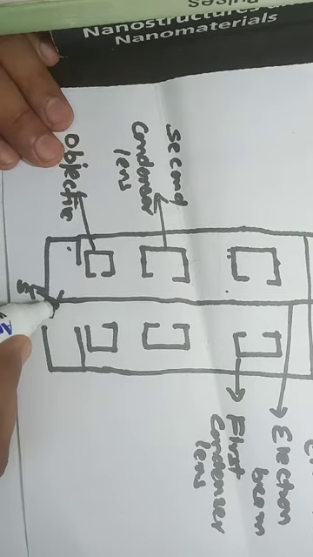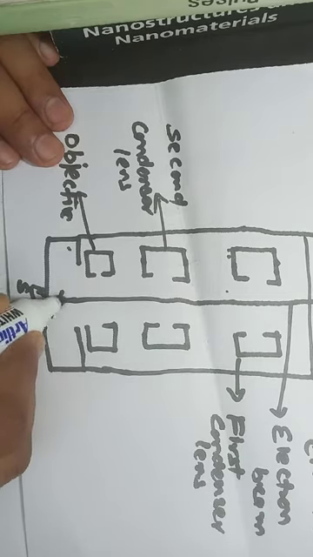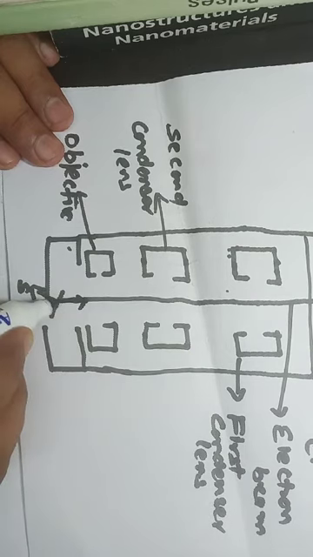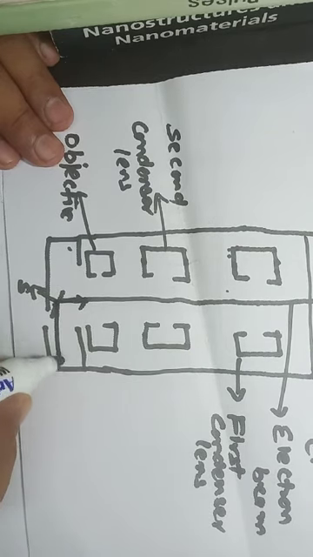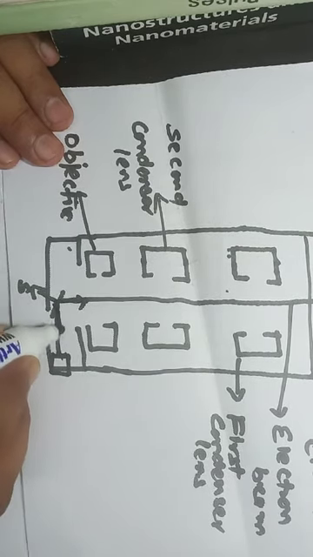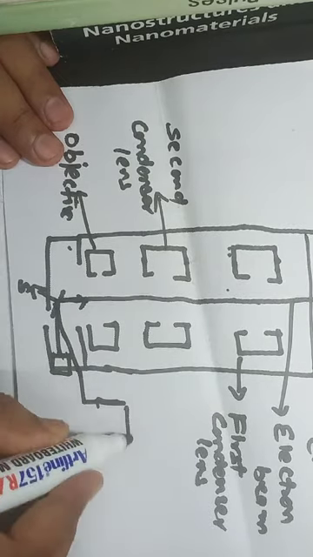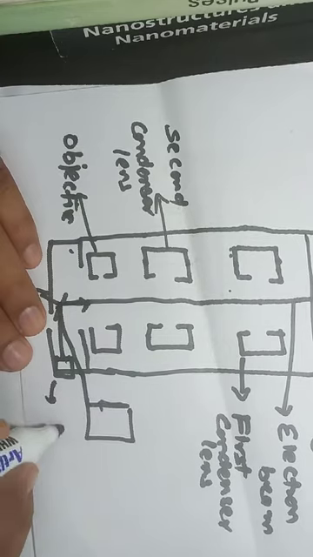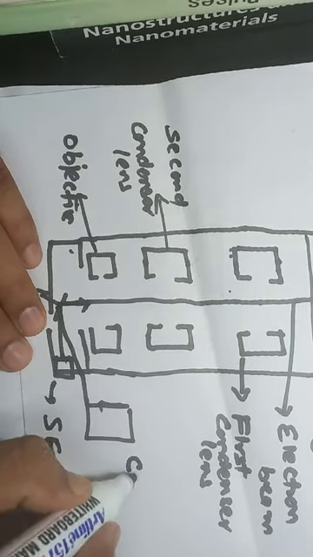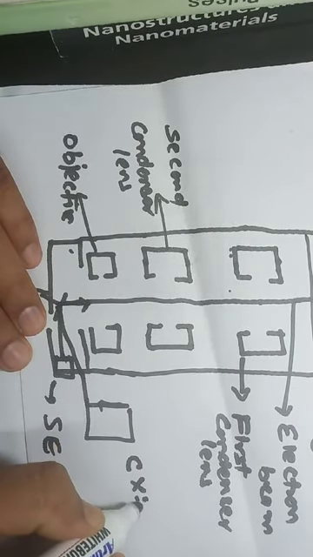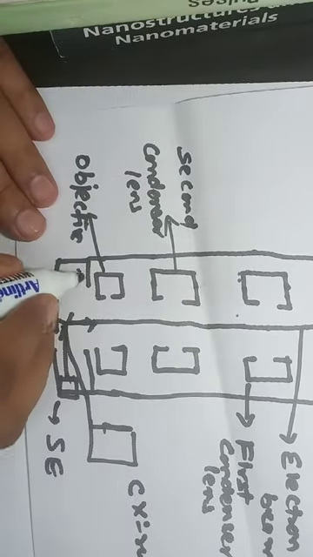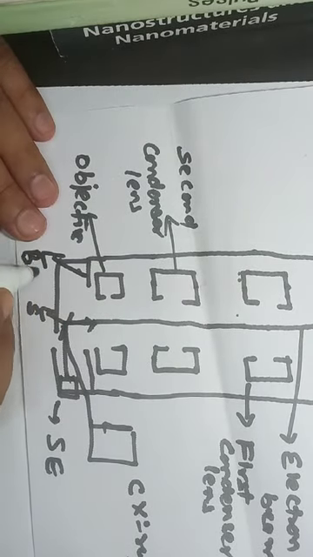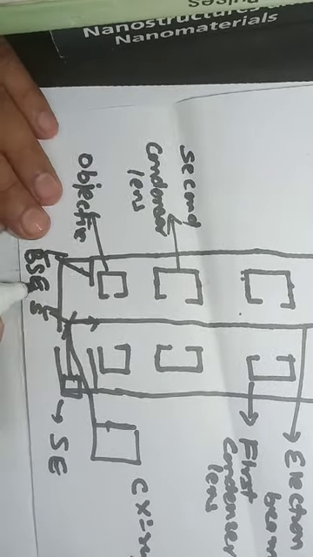Now you would have the backscattered electrons, then the secondary electrons, then a detector over here, and again a detector over here. This is the second detector, which will be for secondary electrons, this is for characteristic X-rays, and this is for the BSE, that is backscattered electrons.